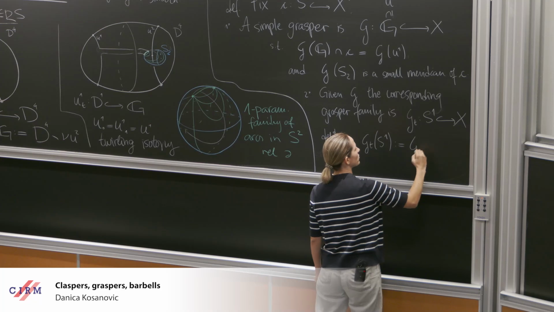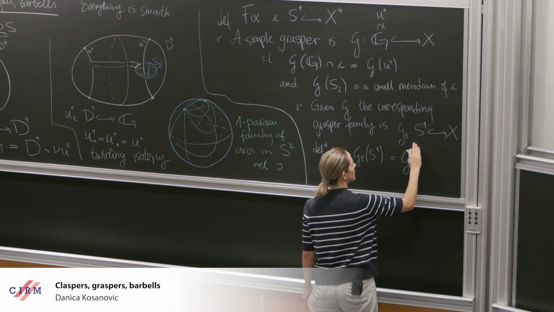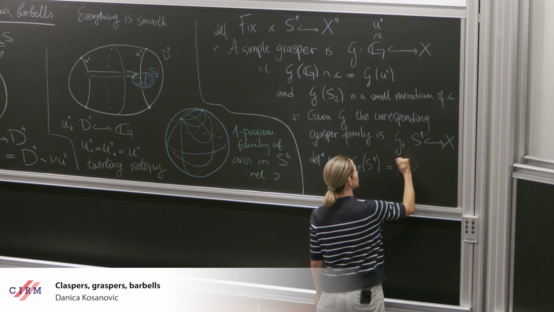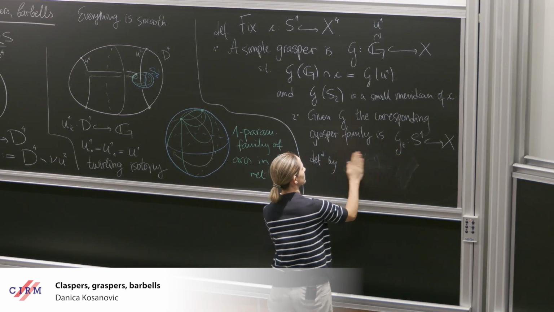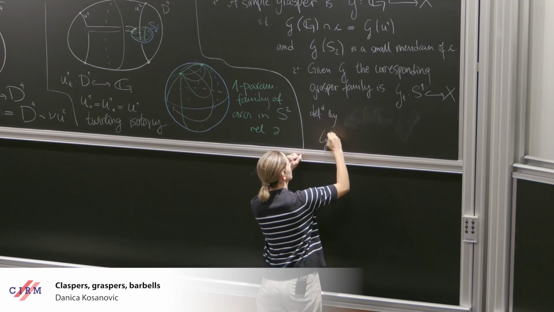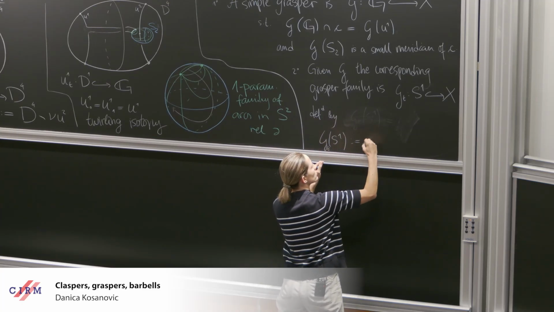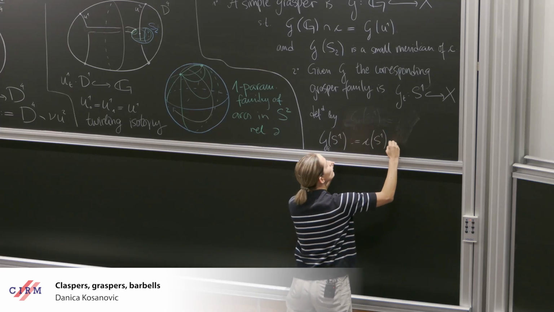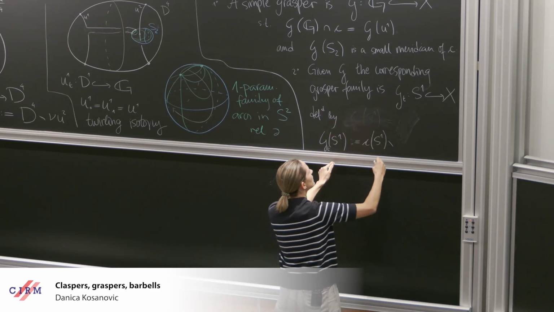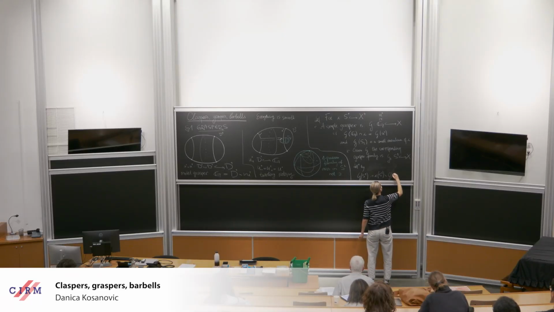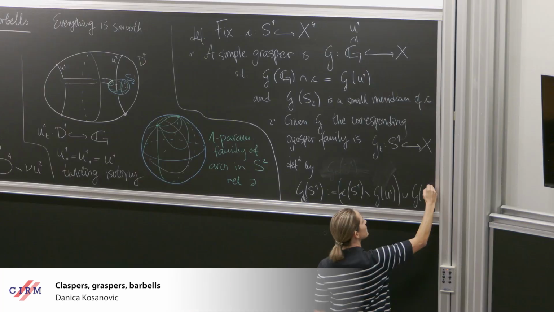So you take your G, you take your C. I'm not going to have space. You take your C, and you remove this arc. Yeah, it's just remove G of U1 from it, and glue in G of U1T.